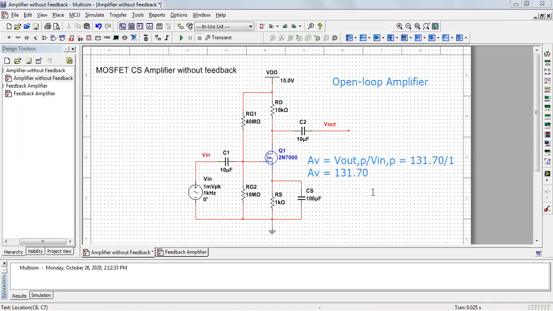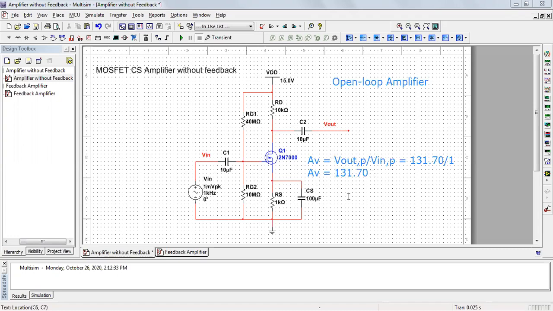Now, in theory we will study in detail the different types of feedback and the topologies. Very quickly, I will just name these feedback topologies. We are talking about negative feedback only, not positive feedback; positive feedback we talk about in the oscillator.